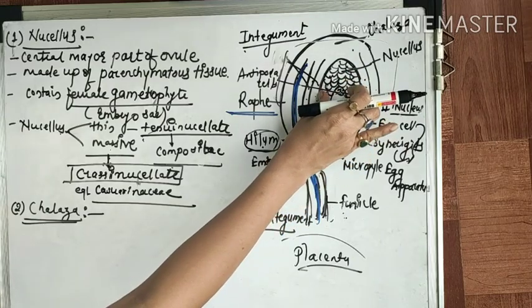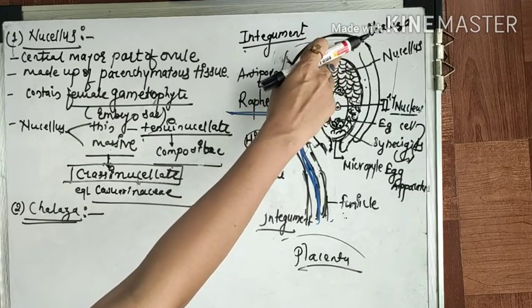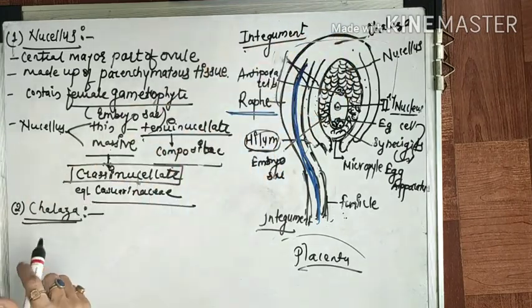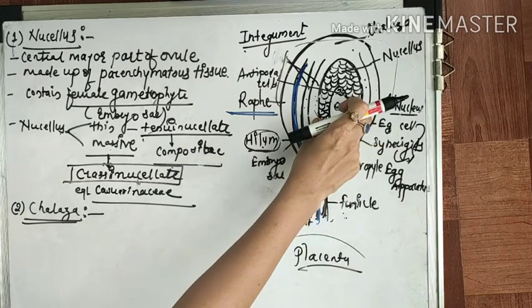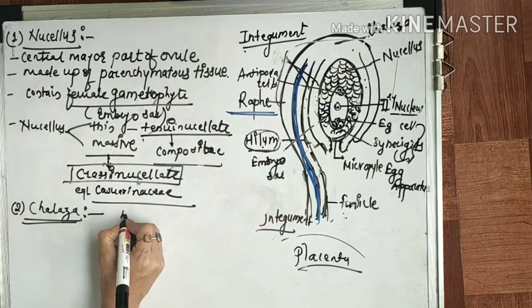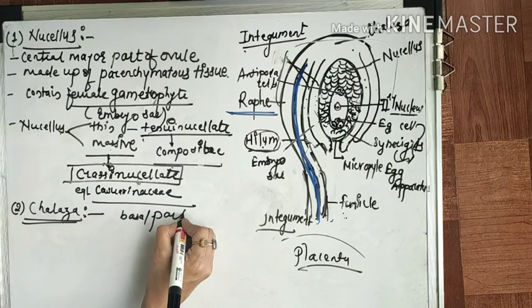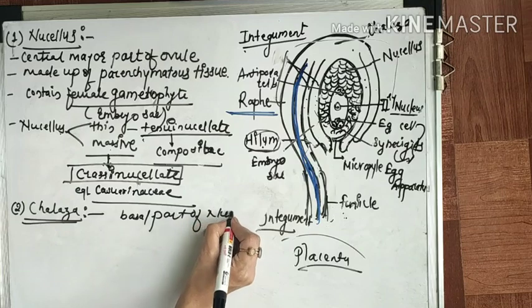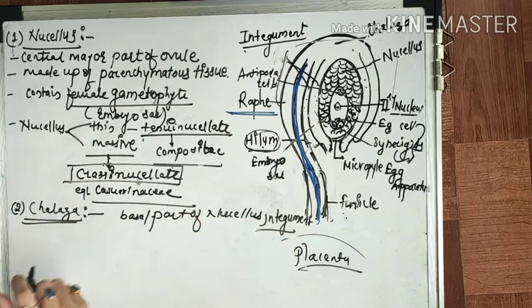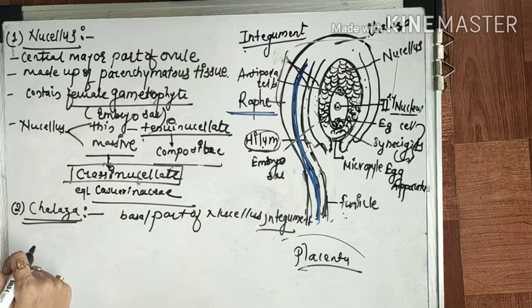This is the nucellus, and this is the base of the nucellus. This basal part of the nucellus is called the chalaza.